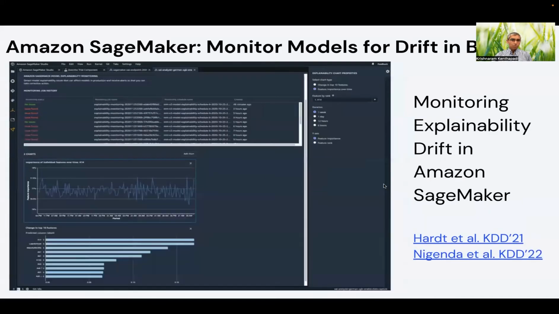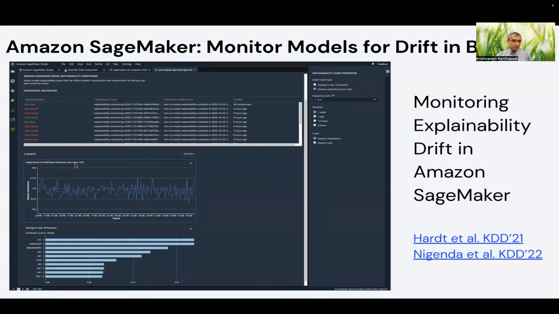Next, I also want to show how we can similarly monitor drift in the behavior of the model itself over time. So here again, in the screenshot here, we are showing how one can keep track of the importance of different features over time.